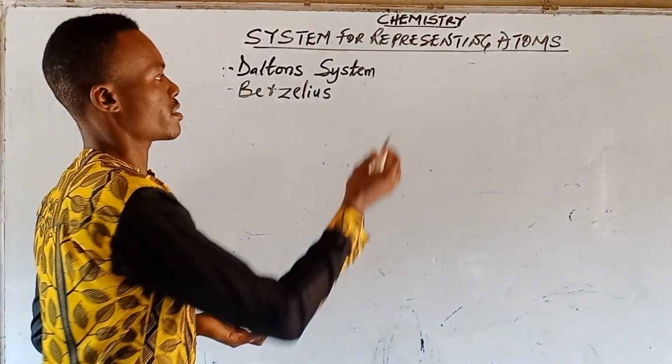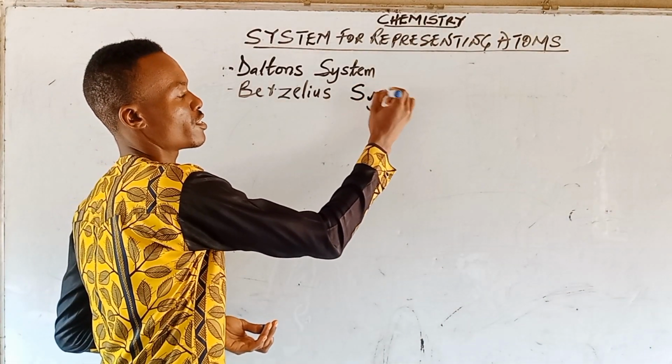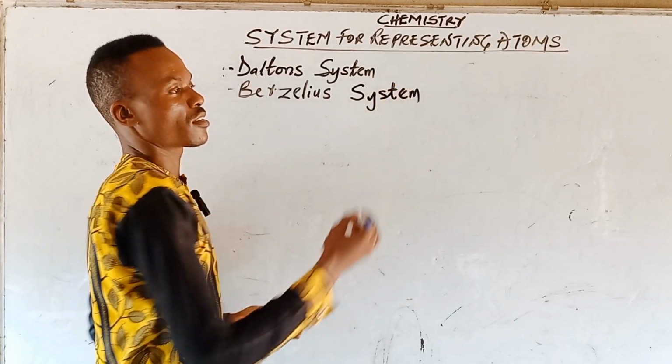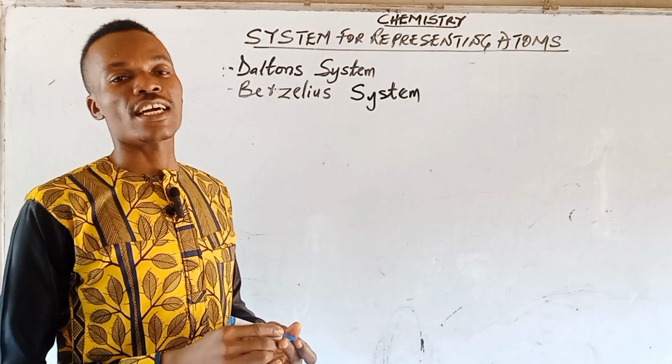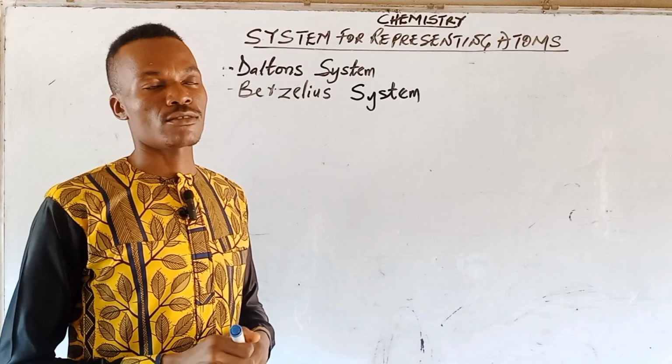The Berzelius system uses the initials of the elements to represent values.